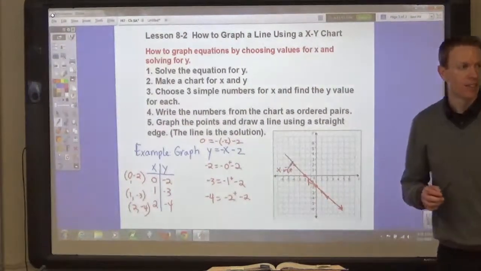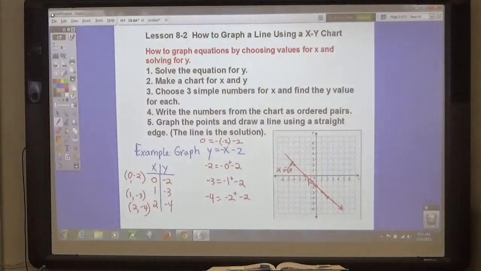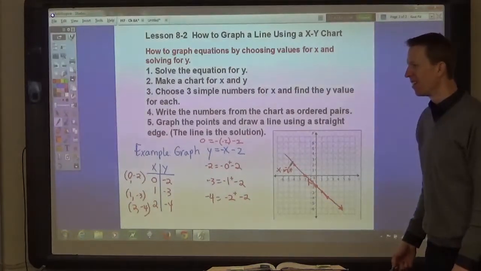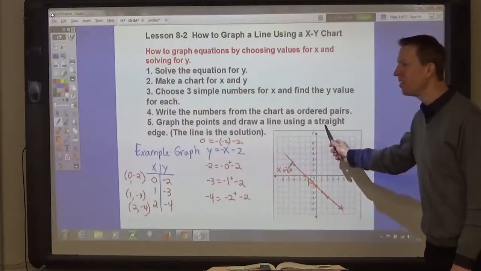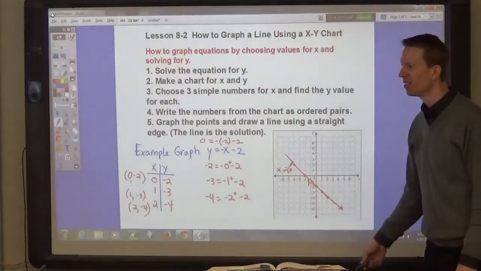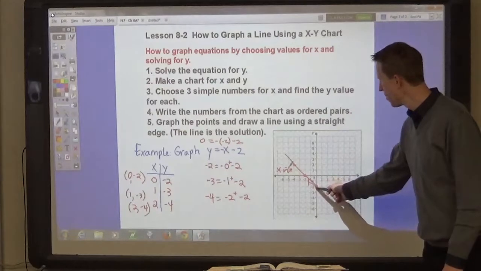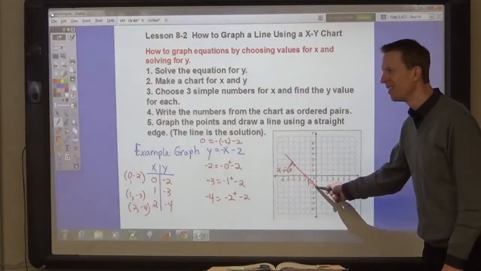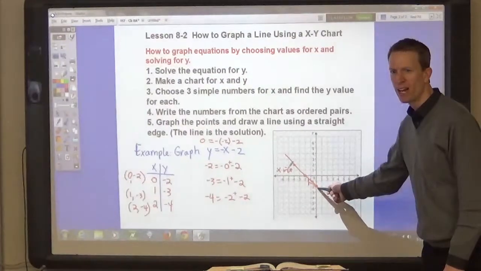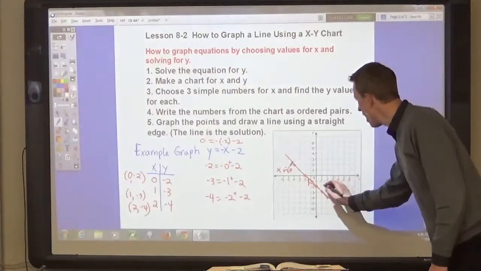Where is that? Nikki? Where's the y-intercept? Where would this line cross the y-axis? At 0, -2. 0, -2 is the y-intercept.